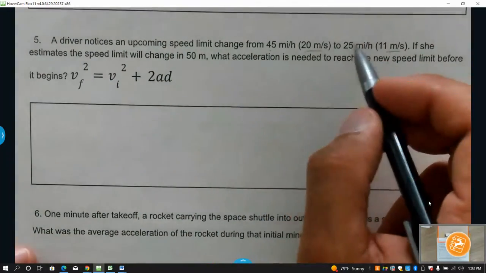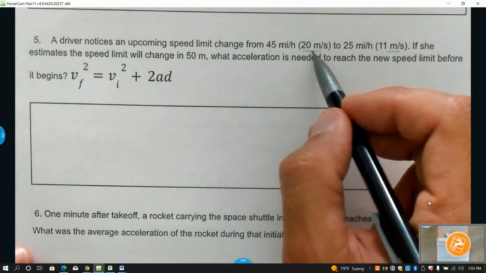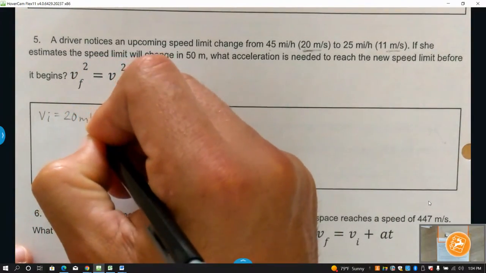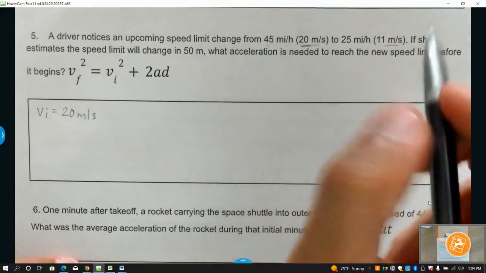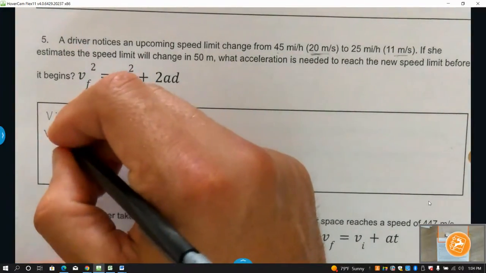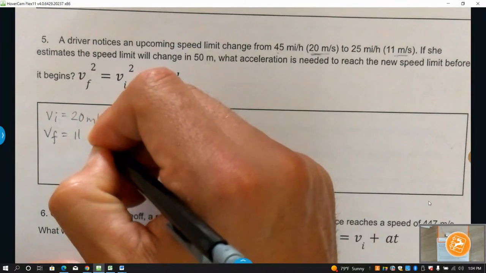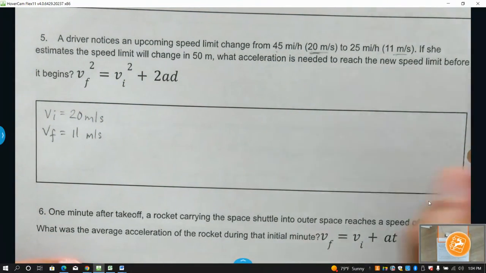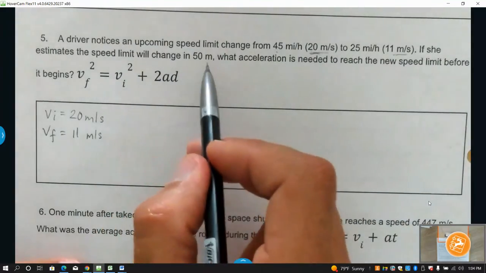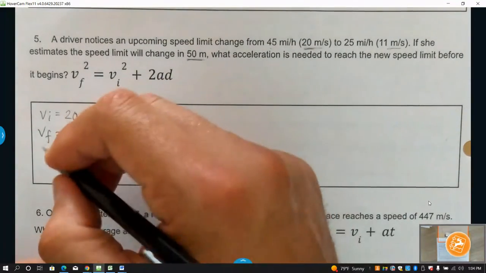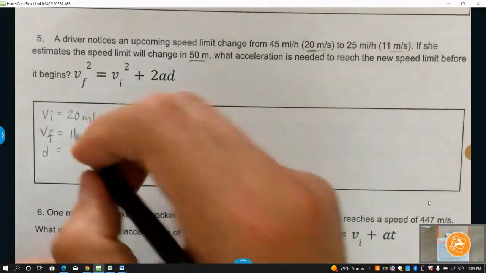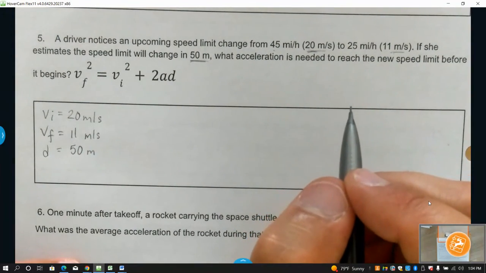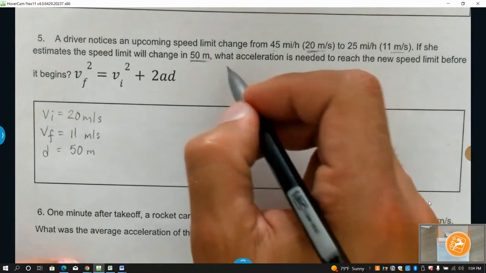So let's break down everything we are given. We're given an initial velocity of 20 meters per second. We're given a final velocity of 11 meters per second. And there's no time, but they give us 50 meters here, which is your distance or displacement. And then what are they asking?